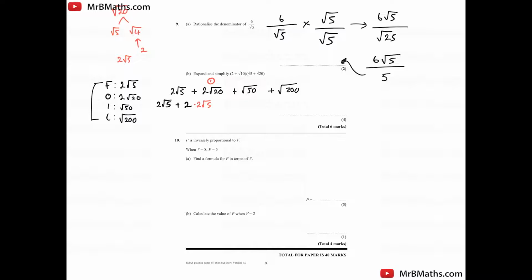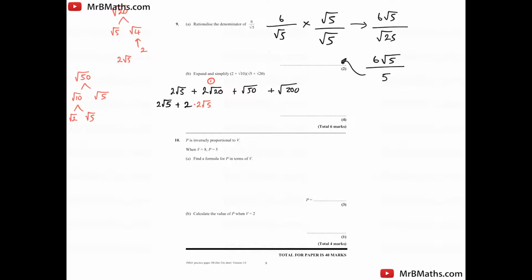Okay, and then for the plus root 50, I just get rid of this FOIL section to make some space. The root 50, I can split into a factor tree, so I can have root 10, root 5, root 2 times root 5.